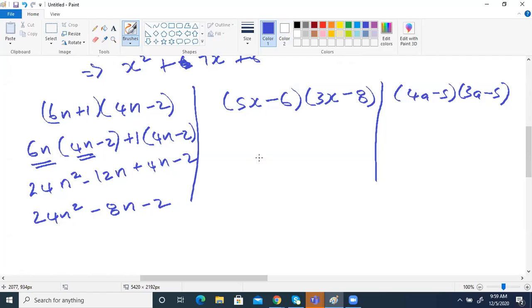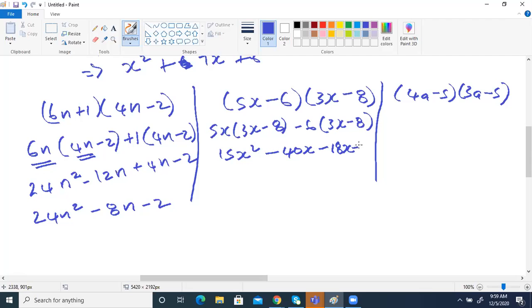All right, so I got 15x squared minus 58x plus 48. Let us see. If I break it up, this is 15x squared, this becomes 40x, this is 18x, and this is positive 48.